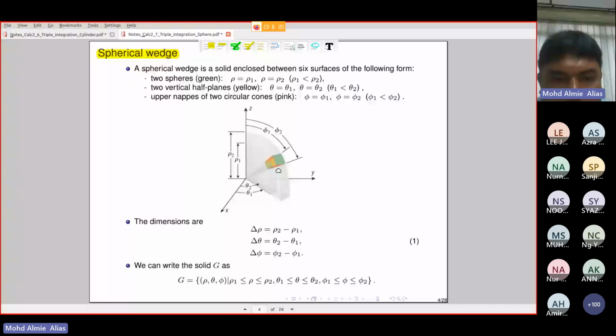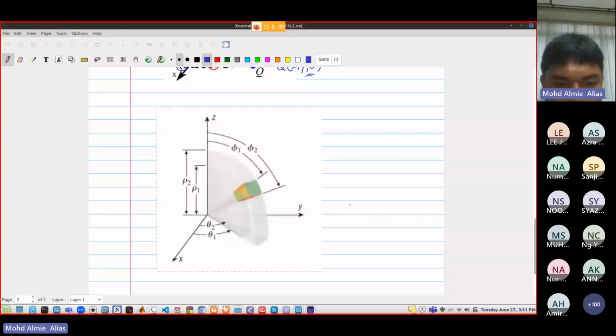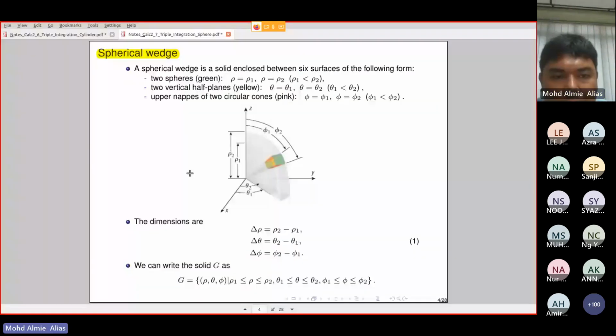I'll just take this and put it here and make it slightly bigger. Okay, here you have rho 1. As we learned before, rho actually represents a sphere, right?